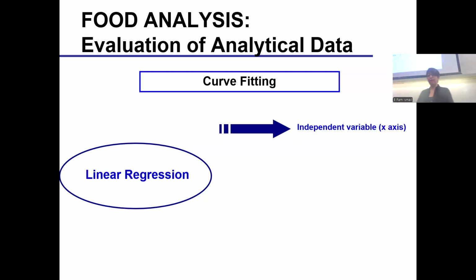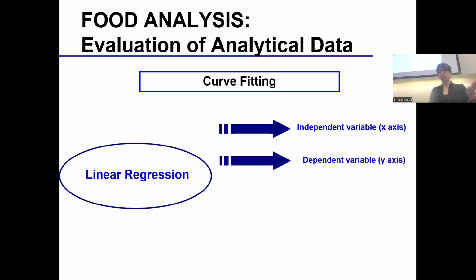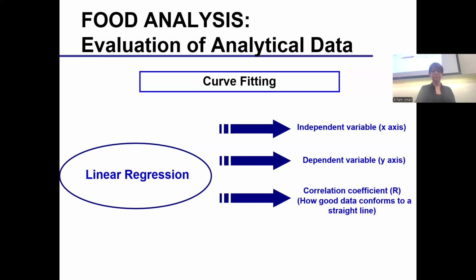So we always have the independent variable, which is the x-axis, concentration of your standards. And then we have the y-axis, the observation, which is the dependent variable. R represents the correlation coefficient, which is how well the data forms a straight line.